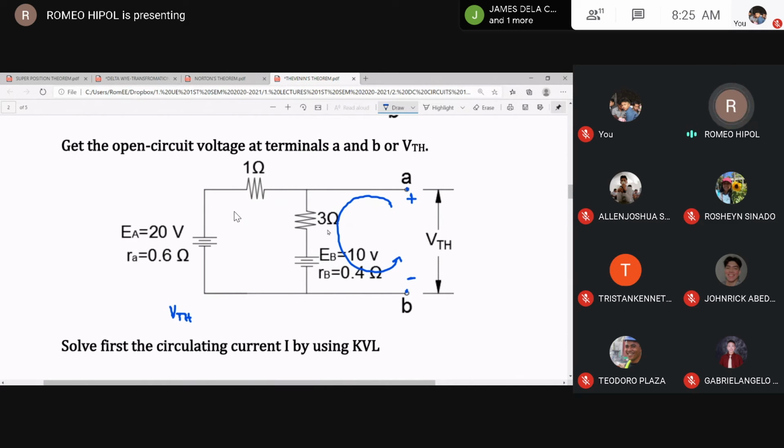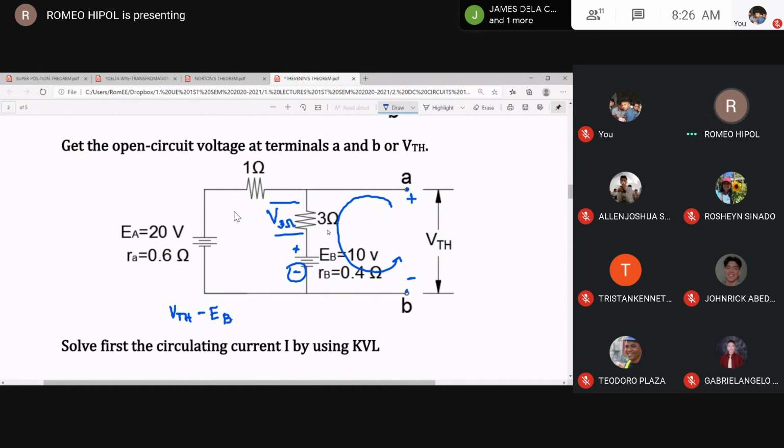So anong susunod? Then we have the E sub A. So taking the negative polarity of E sub B, we have negative E sub B. So ano next? To get the voltage drop across the 3 ohm resistor. Nakuha? To get the voltage across the 3 ohm resistor, we need the current.